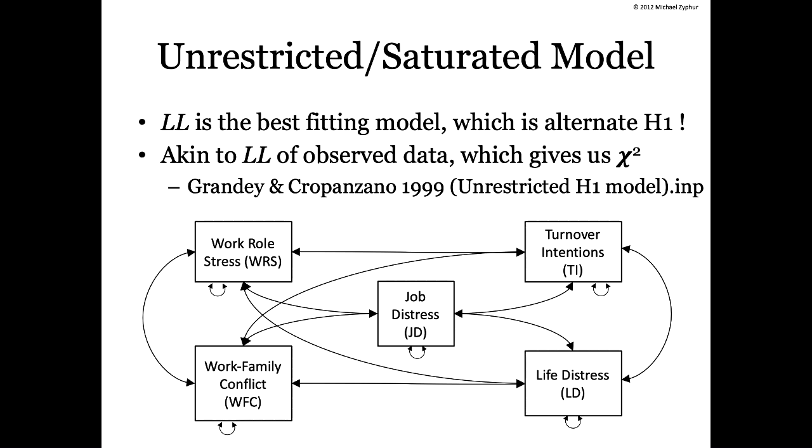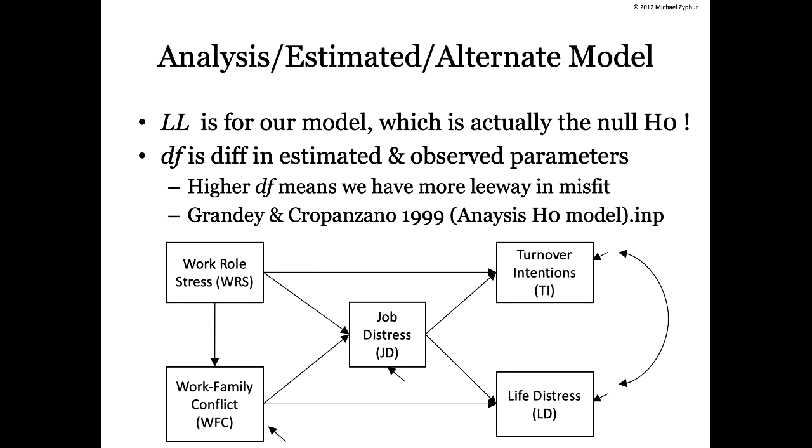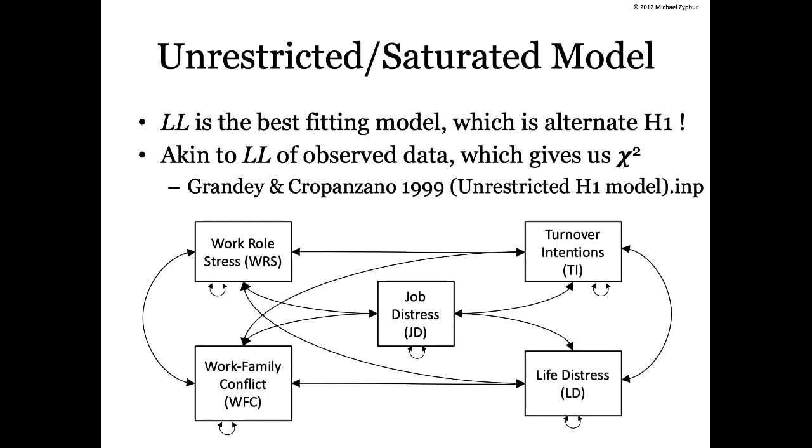But in our case, our null model, not parameter or hypothesis, the null model, we'll say, is our analysis model or estimated model. Because when you compare it to a model that has everything estimated, it looks like ours has fewer parameters. So this is the alternate model.